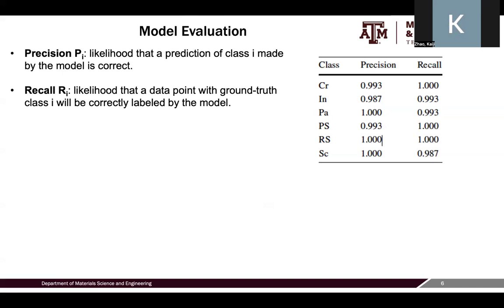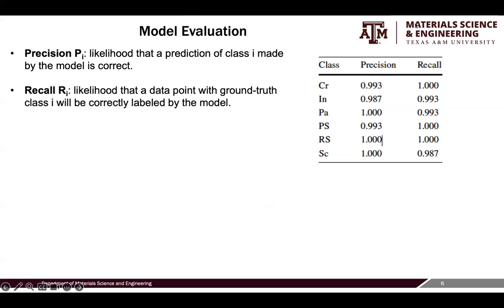The evaluation results are illustrated in the figure, where we can observe that for each class of defects, the model achieves precision and recall values greater than 0.98, indicating a high level of accuracy in defect classification.